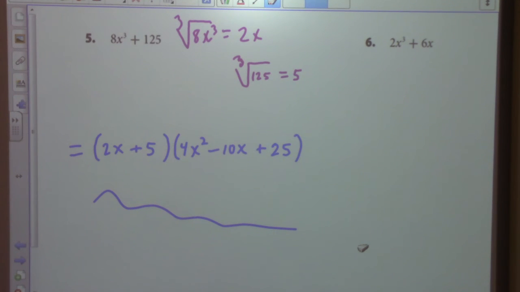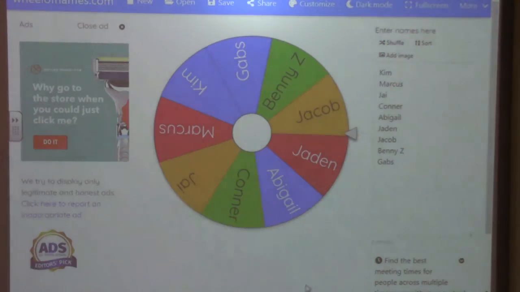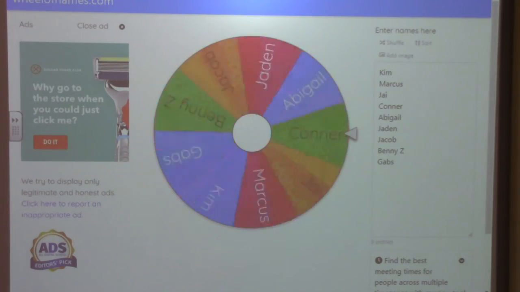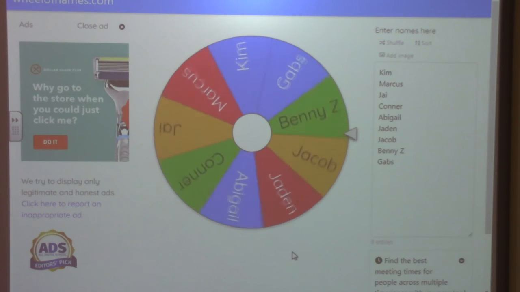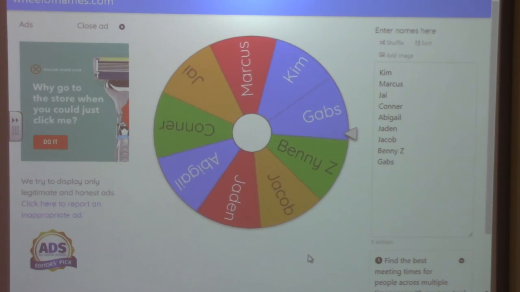So this one's the sum of 2 cubes? All right, number 6. Let's see who's going to do number 6 for us. It's going to be Gabs.